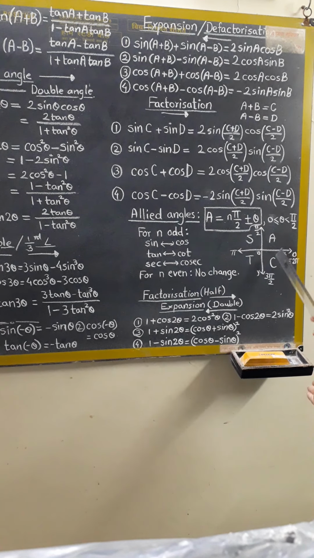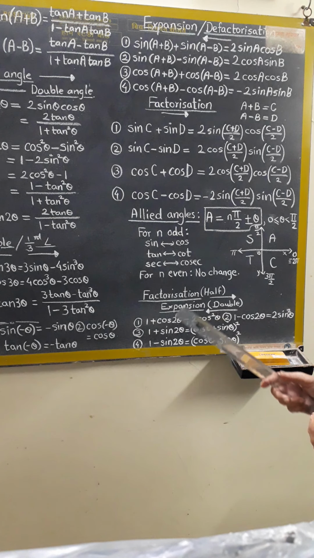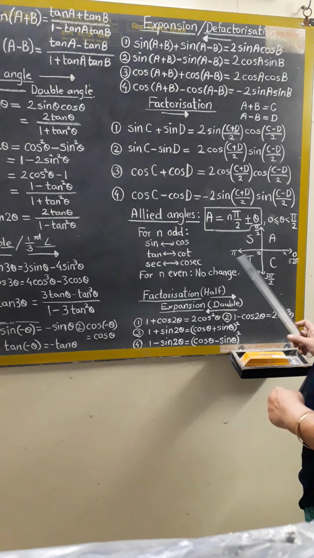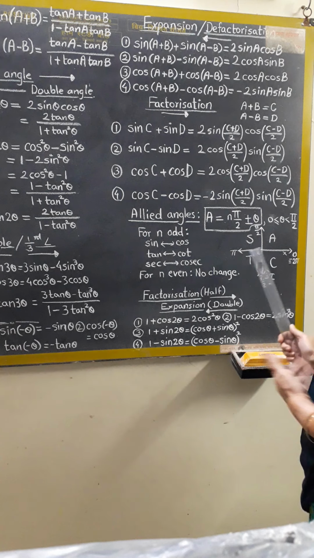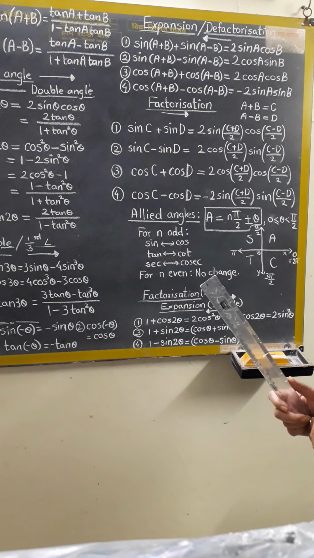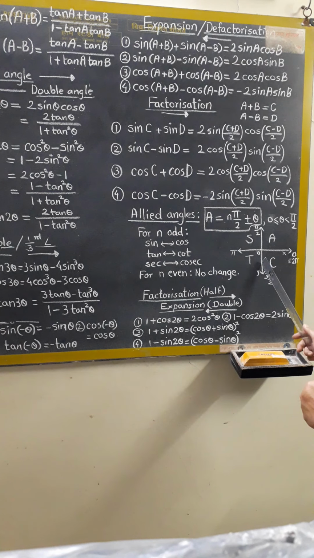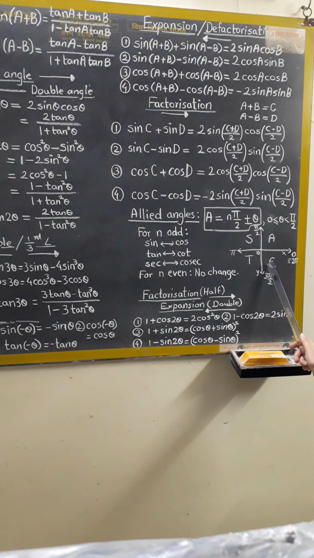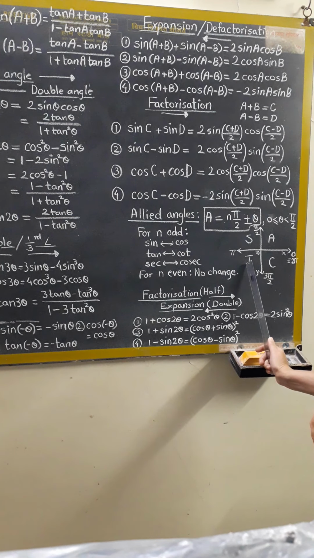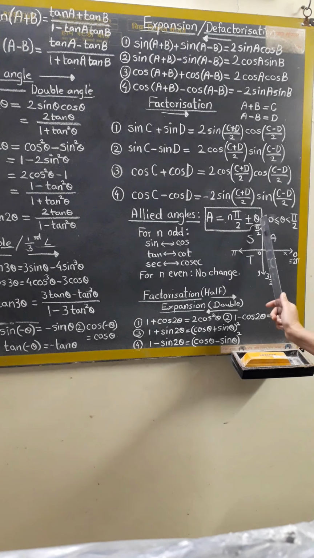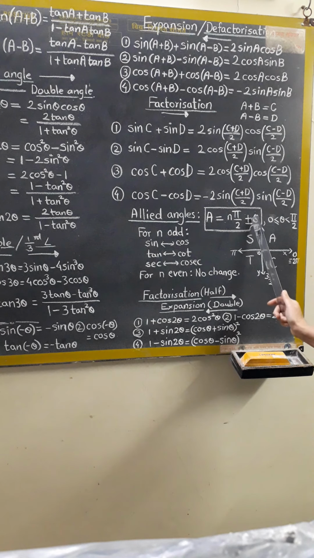Okay. And then, for example, if I ask you the angle is say 260 degrees. The angle 260 degrees can be written as 270 degrees, which is 3 times 90 degrees, minus 10 degrees. So this theta becomes the acute angle 10 degrees.